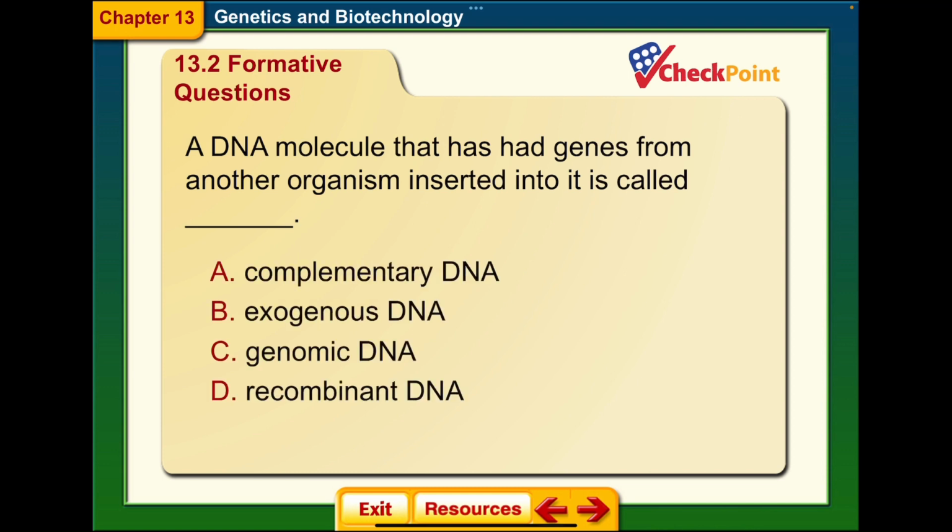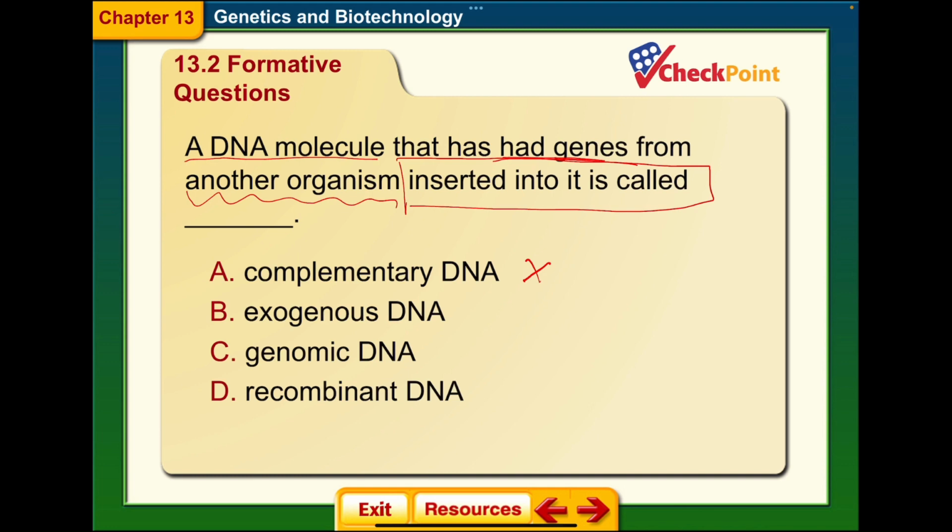A DNA molecule that has had genes from another organism inserted into it. We have a DNA molecule, it had genes from another organism inserted into it. What do we call that? Complementary DNA? Exogenous DNA? Exogenous DNA is the DNA from another organism, right?